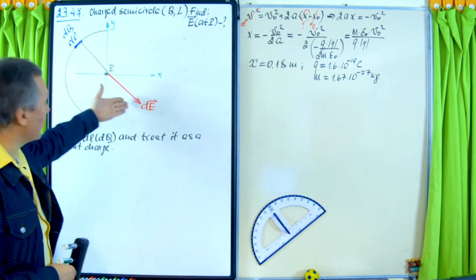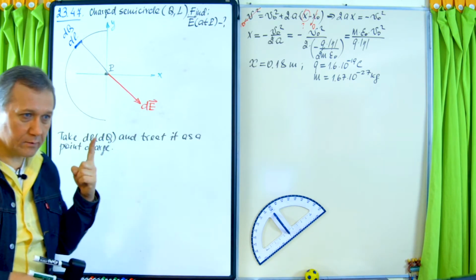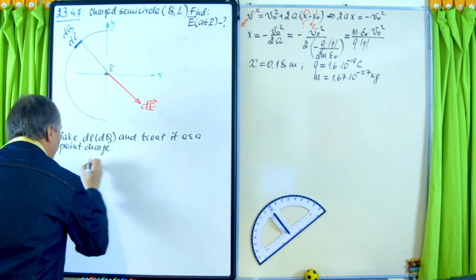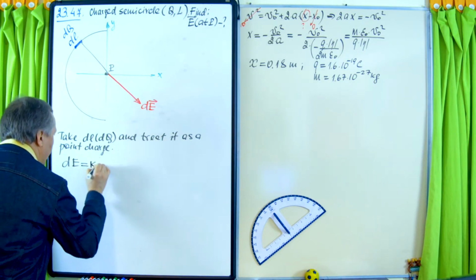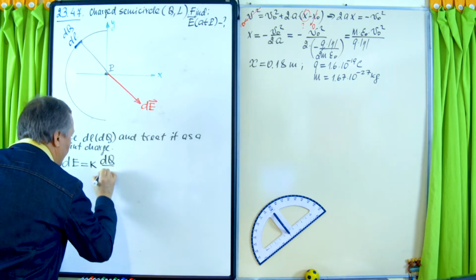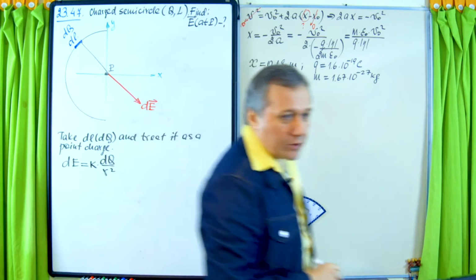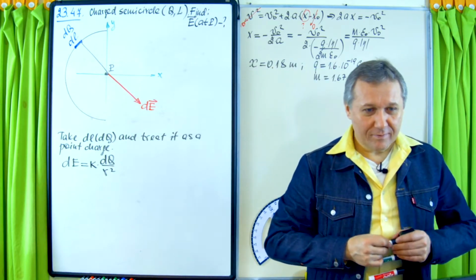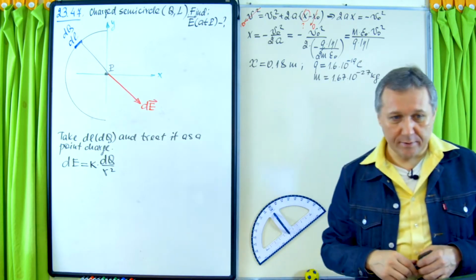And of course, we can write the expression for the magnitude of this electric field. Because it's a point charge, we know the expression. So of course, we can write that dE equals k times dq divided by the square of the distance from that point charge to the point P, to the point in question. Right? You see, so far steps exactly the same in the lecture.